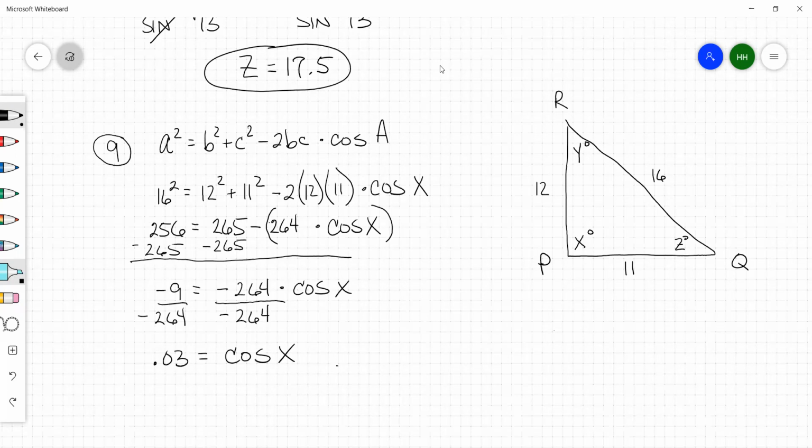So 88 equals x. So we're going to add this to your notes right here. If 0.03 equals cosine of x, then x equals 88. Because we had that 0.03 on your calculator screen and you're working with cosine, so you push the second cosine button. So there's your x of 88 degrees.